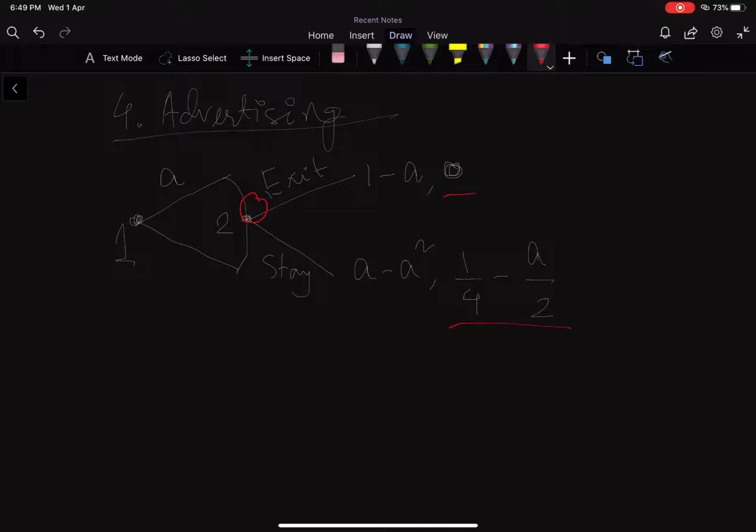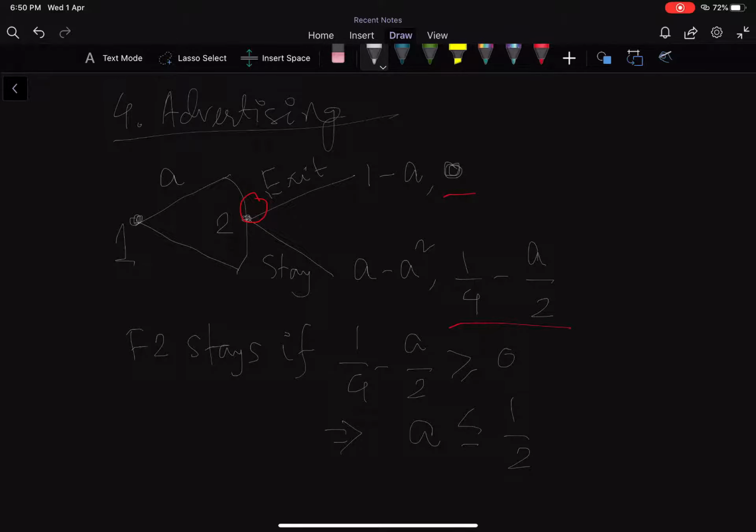So firm 2 stays if 1/4 minus A by 2 is greater than or equal to 0, which means that A is smaller than half.